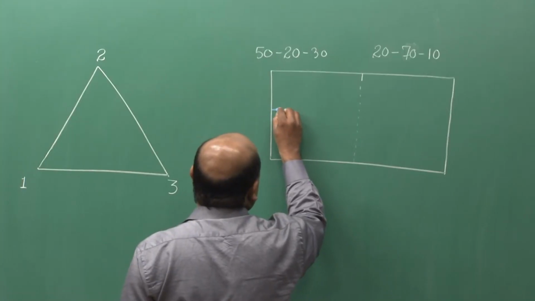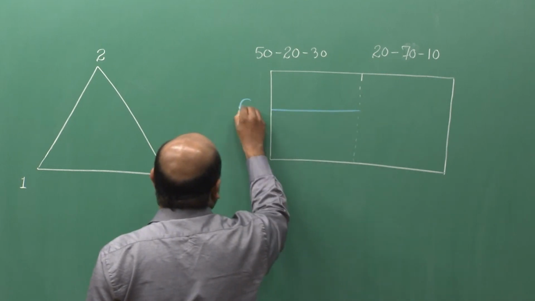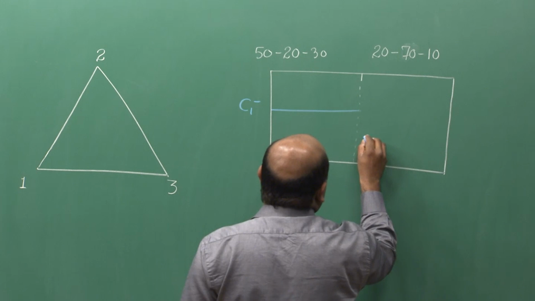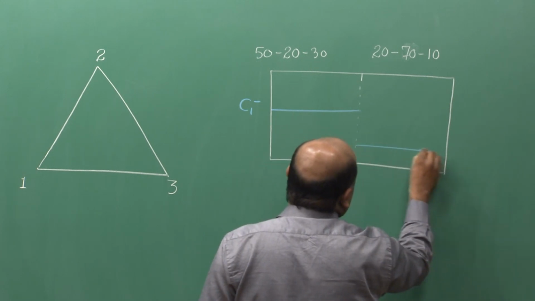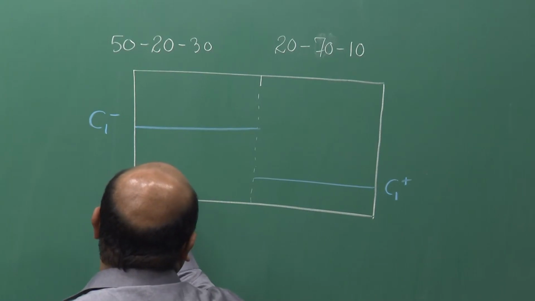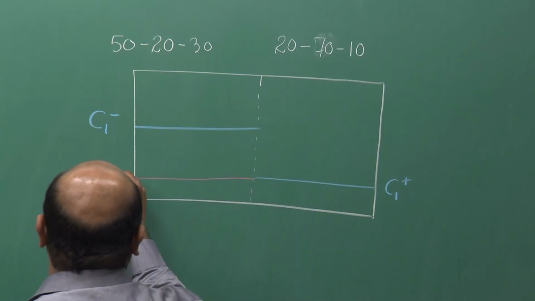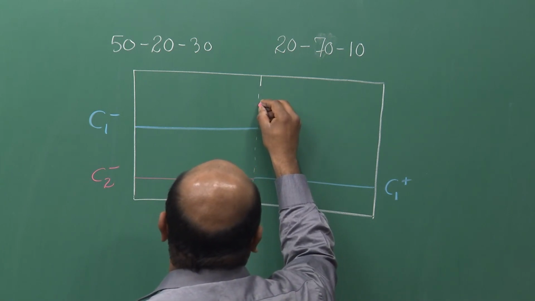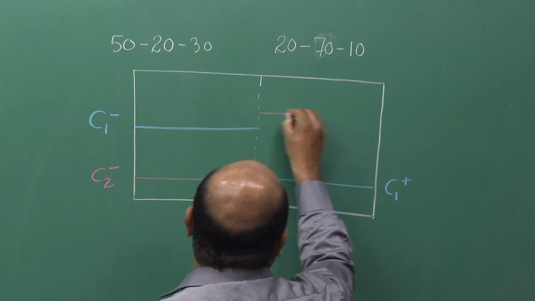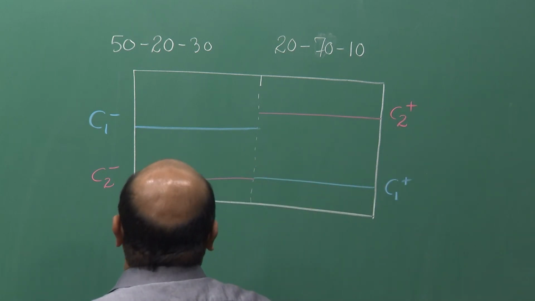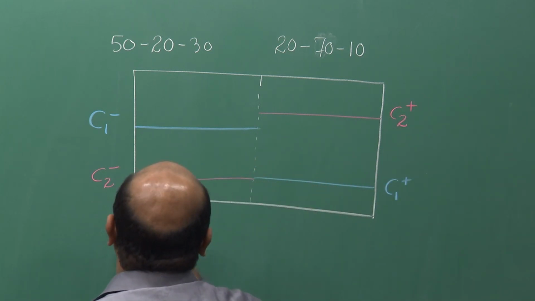Draw the initial concentration profiles. This is my C1 minus 50 and 20. This is C1 plus. This is C2 minus 70. This is C2 plus and 30.